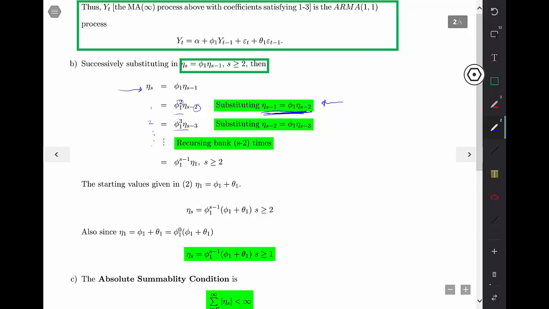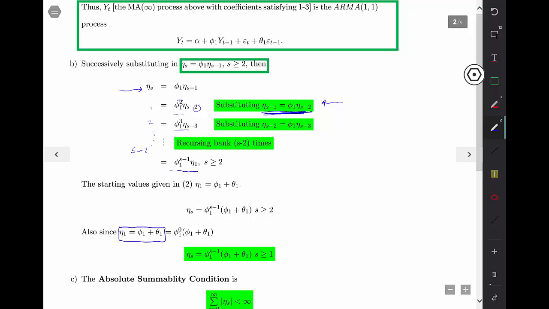And if we go back s minus 2 times in general, we can see the power is now going to be s minus 1, and we're going to get e1. We've gone back s minus 2 times, so we're left with this here. So we've just solved a first order difference equation where, by the question, e1 is just the initial condition.